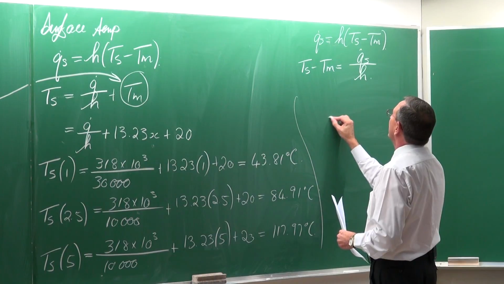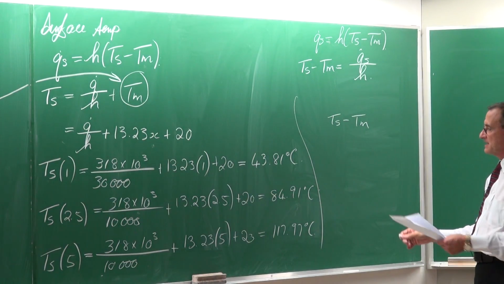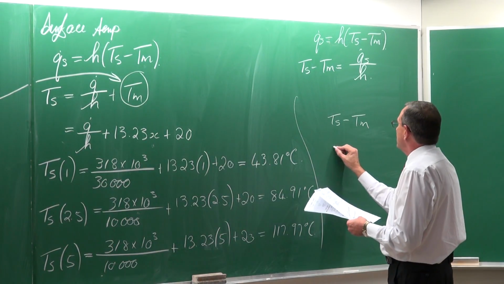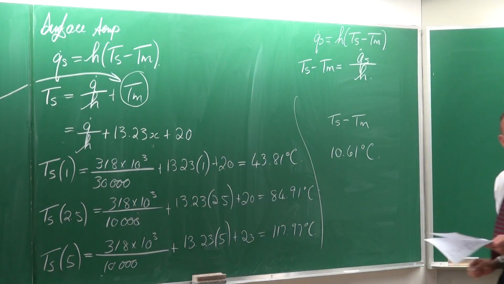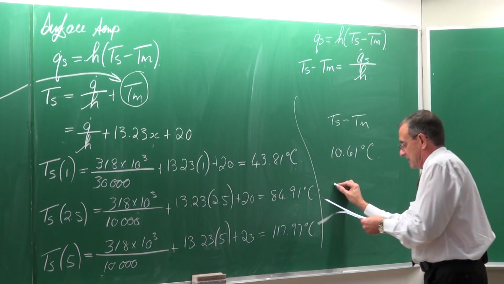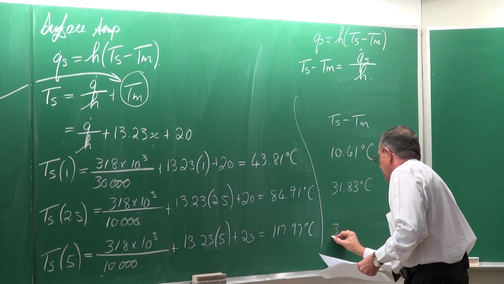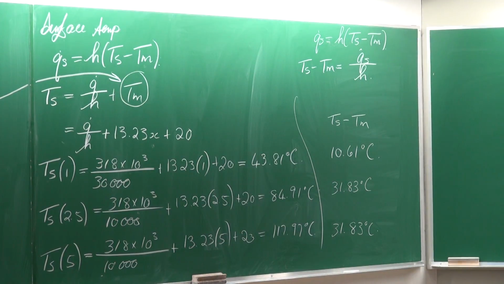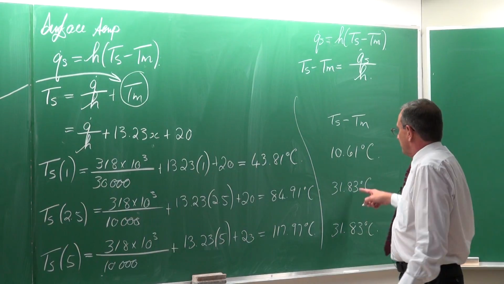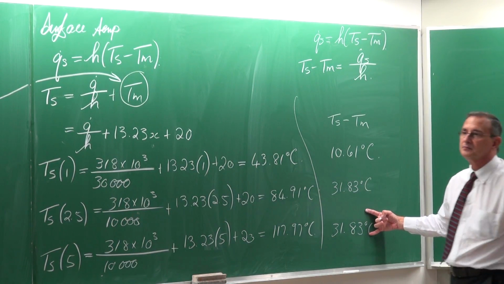If we calculate Ts minus Tm for these three cases, this one is going to be 10.61 degrees Celsius, this one is going to be 31.83 degrees Celsius, and this one also 31.83 degrees Celsius. Thus, you can see this temperature difference is constant.